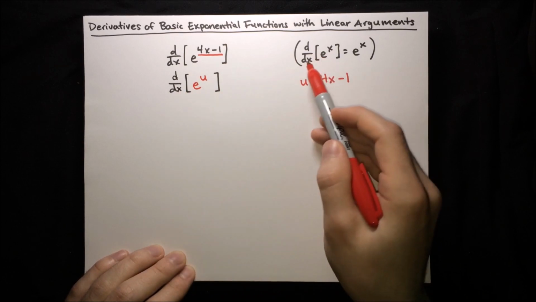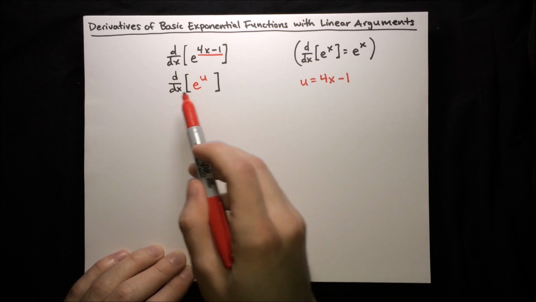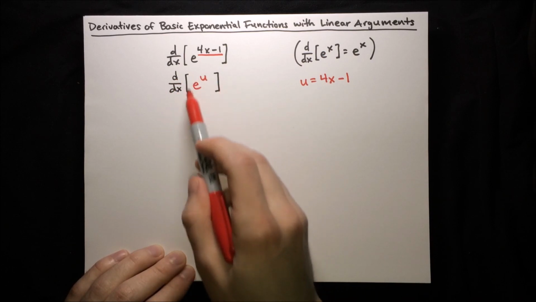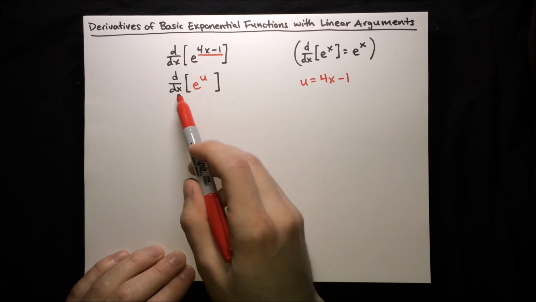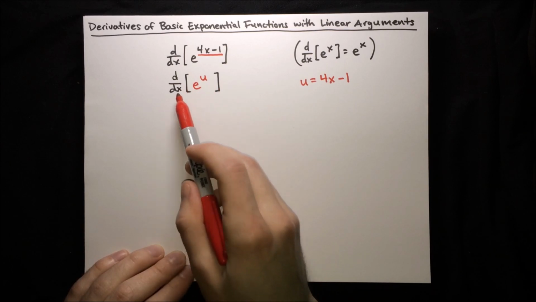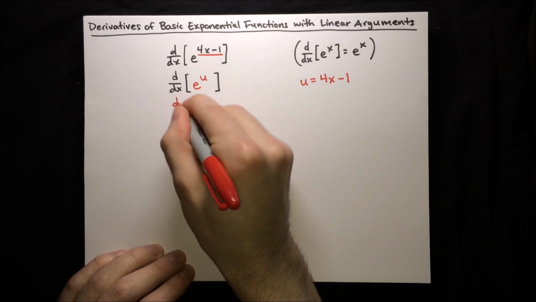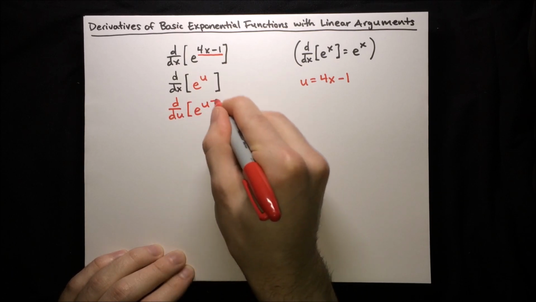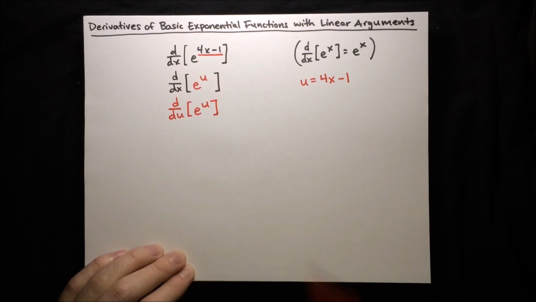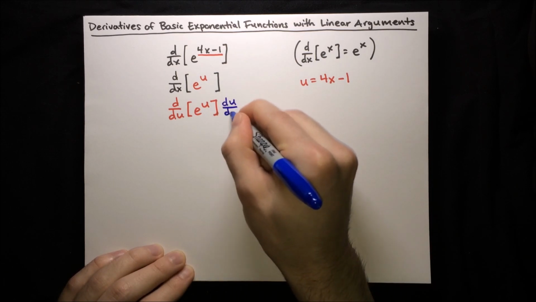It's kind of similar to the thing we know, except we're taking derivative dx with respect to an expression of u. So how do we reconcile the difference in variables here? The answer to that is to use the chain rule. So we're going to go ahead and write this as d over du of e to the u, and the chain rule just says that we are allowed to do that as long as we multiply by du over dx at the end.